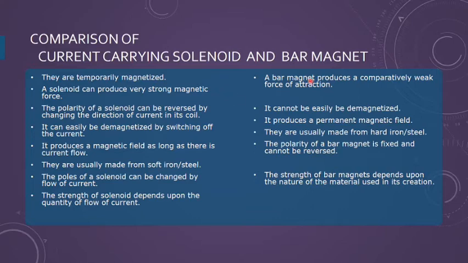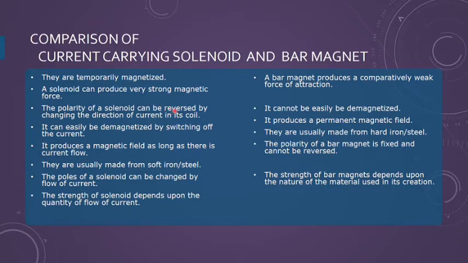Of course, the bar magnet is a permanent magnet. You should note down that the bar magnet is a permanent magnet, while the current carrying solenoid is a temporary magnet, because as soon as you stop passing the current, it stops behaving like a magnet. But both are producing similar fields.